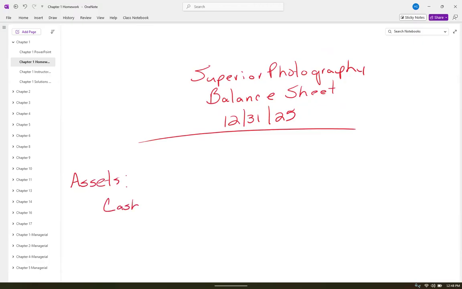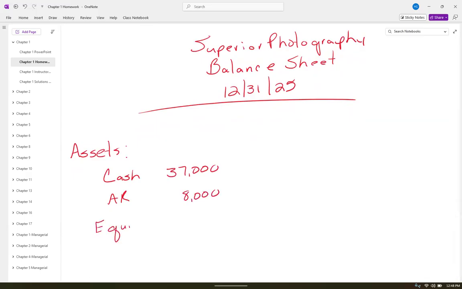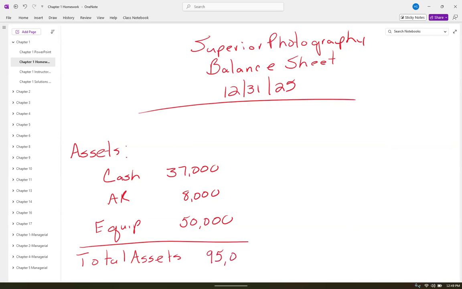We had cash of 37,000. This looks a lot nicer than what I wrote on my piece of paper. Okay. Accounts receivable had 8,000. And we had equipment with 50,000. Okay, so that gives us total assets of 95,000.